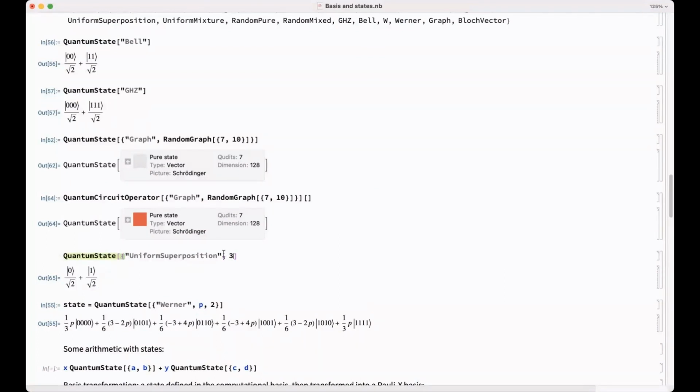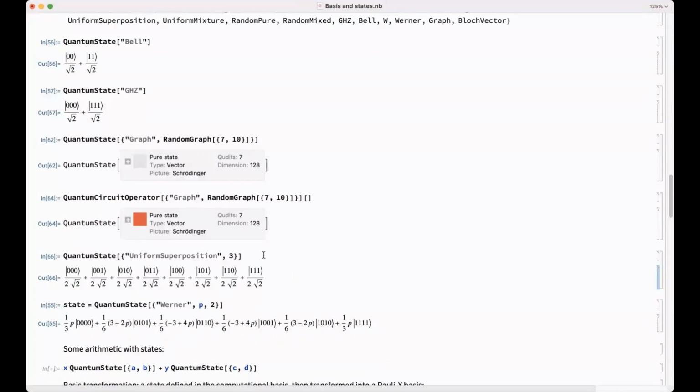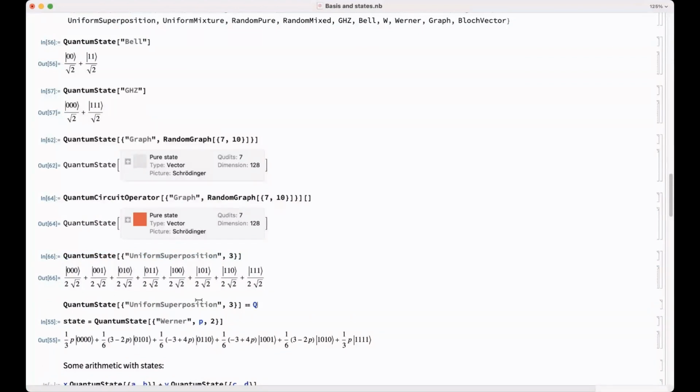So if you give the number of systems, now it's a uniform superposition across 3 qubits, and you get this thing, right? And this should be the same as applying Hadamard on all 3 qubits on an empty quantum state register of 3 systems.